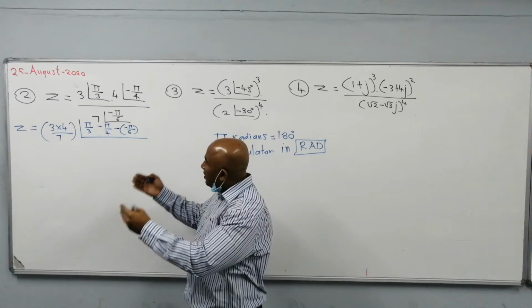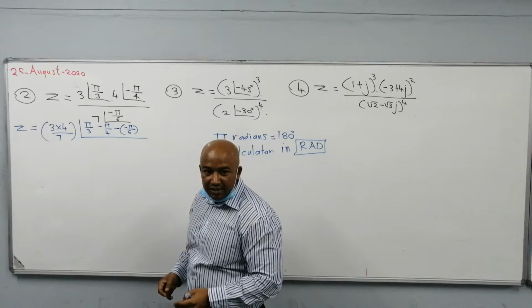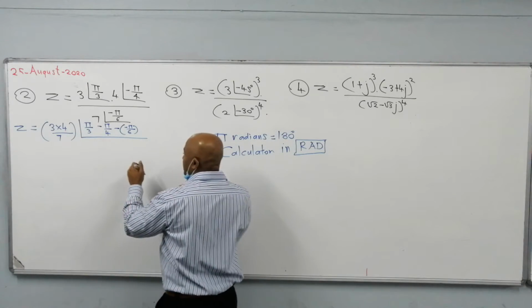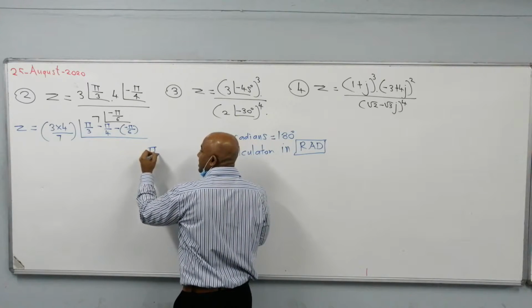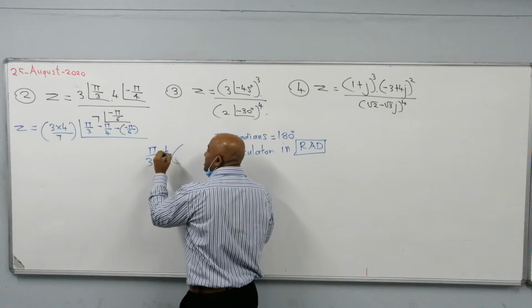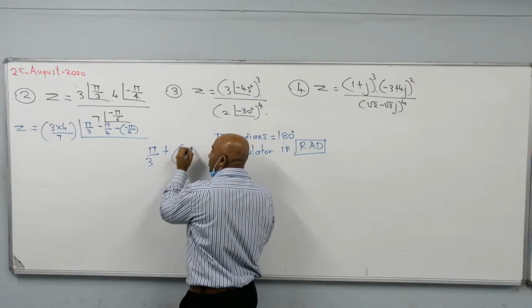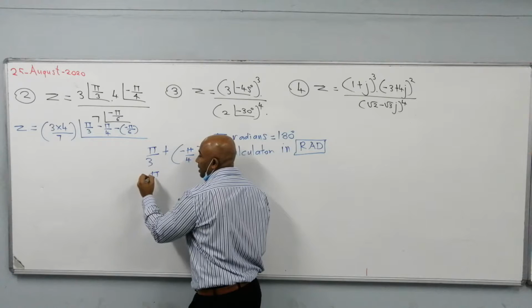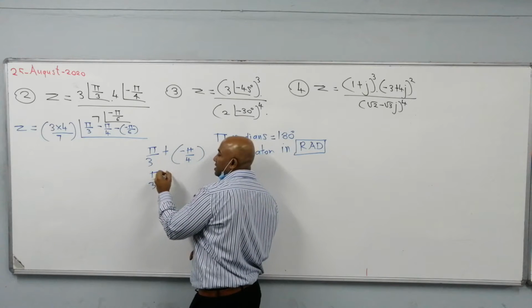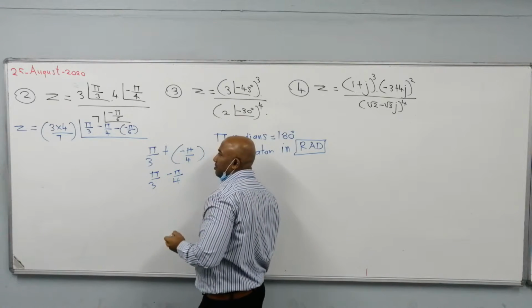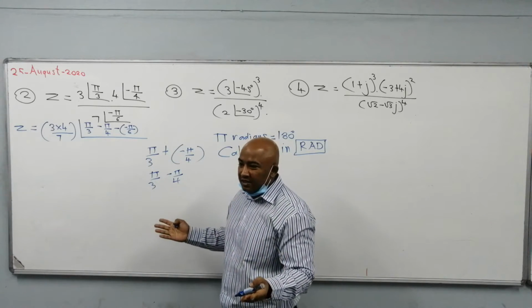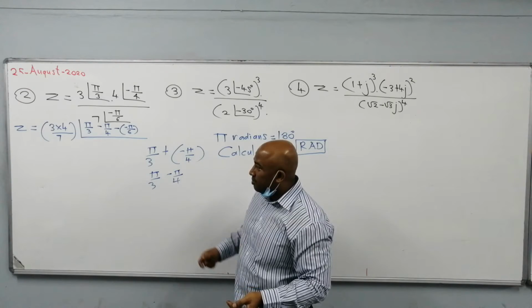When you are multiplying, add. When you are dividing, subtract. So you might wonder, why is this a negative? It's because I'm adding it. What actually happened there is pi over 3 plus minus pi over 4. This is addition. So when you remove the brackets, it's going to be pi over 3, a positive times a negative is negative pi over 4. So it's unnecessary to go and write the plus. You should know this, you've been adding with negatives and positives.